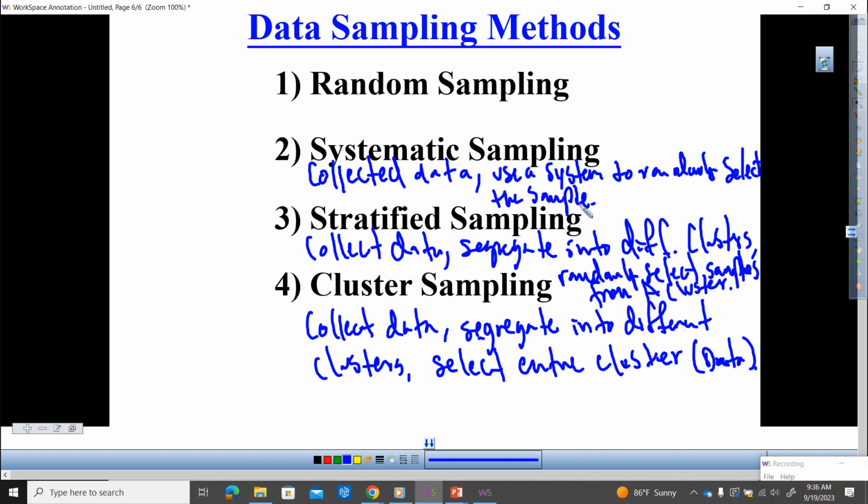It's random because I mixed the cards up, right? But now I have a system to randomly select. Could I use a different system? I used every 6. Could I mix it up? Yeah. 1, 2, 3, 1, 2, 3, and so on and so forth. So select a system on how to collect the data.